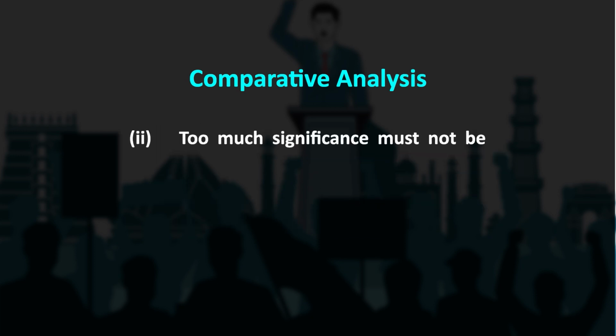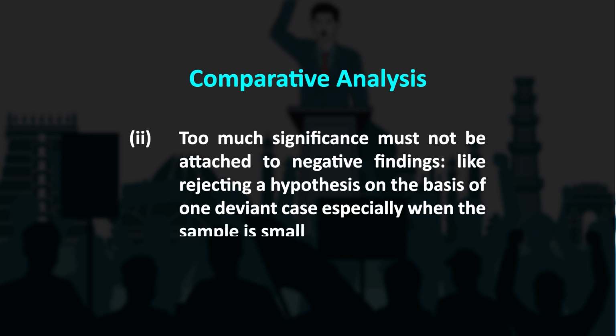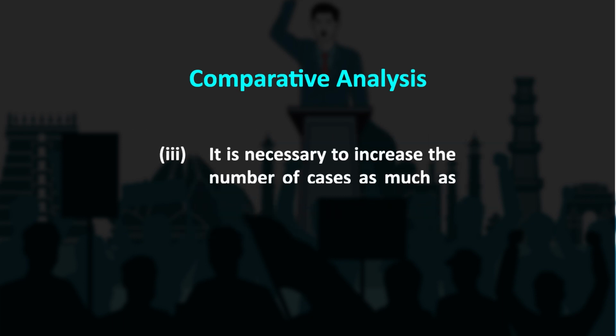Second, too much significance must not be attached to the negative findings, like rejecting a hypothesis on the basis of one deviant case, especially when the sample is small. Thirdly, it is necessary to increase the number of cases as much as possible.